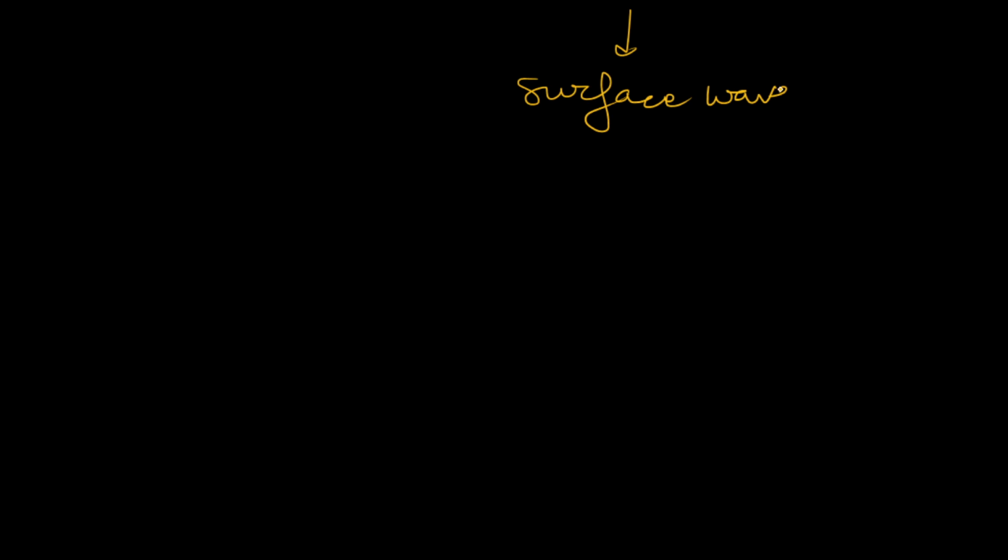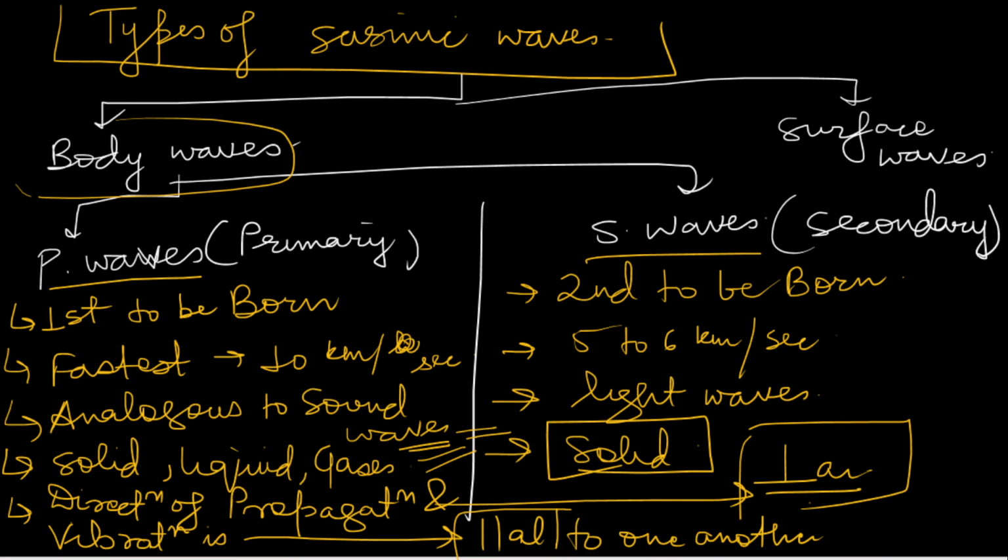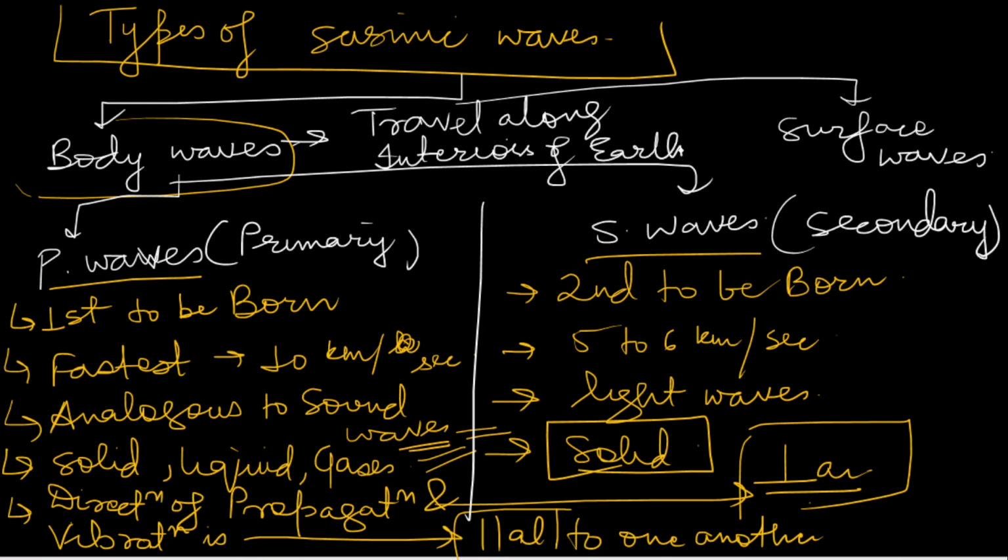Surface waves, the second type of seismic waves. Surface waves are again classified into two types. Before that, just know a brief about surface waves and body waves. Body waves generally travel along the interiors of Earth, that is, under the surface of Earth where energy is released.